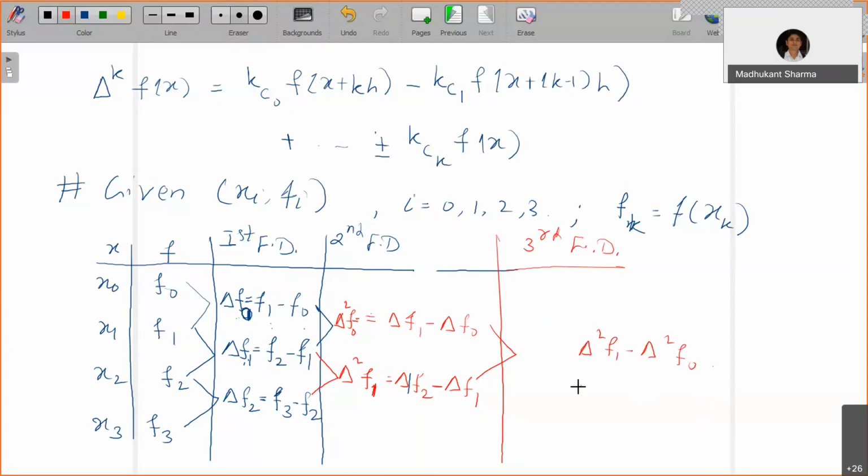If you simplify this, that will give you delta cube f naught. Okay, right.